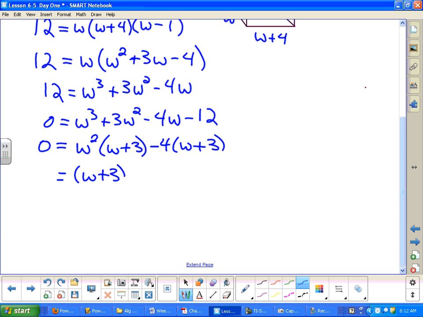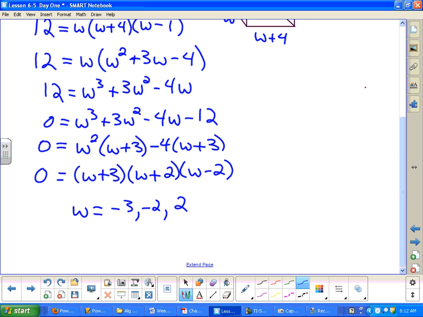We have W plus 3, and then W plus 2, and W minus 2, right? Because we've got W squared minus 4. So then this tells me that W could be -3, -2, or 2.